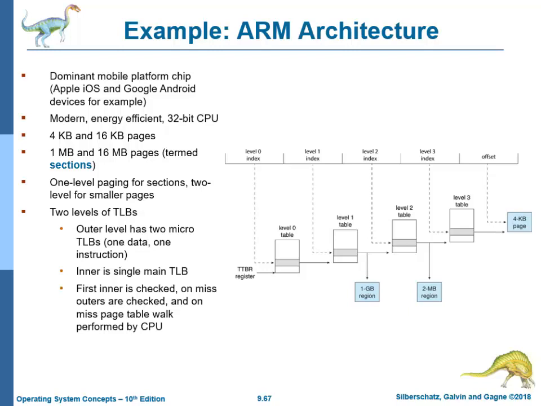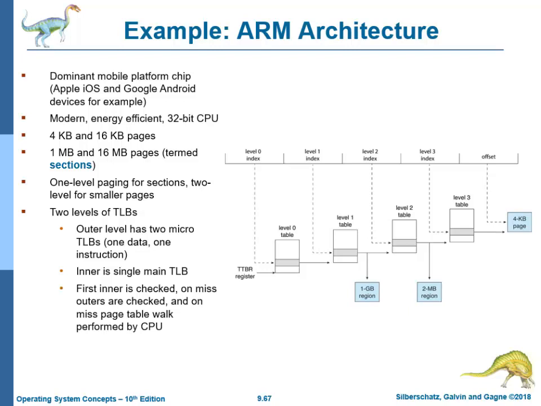ARM architecture is for mobile systems like Apple iOS and Google Android. It's modern, energy efficient, and a 32-bit CPU. ARMv8 has 3 different translation granules: 4 KB, 16 KB, and 64 KB.